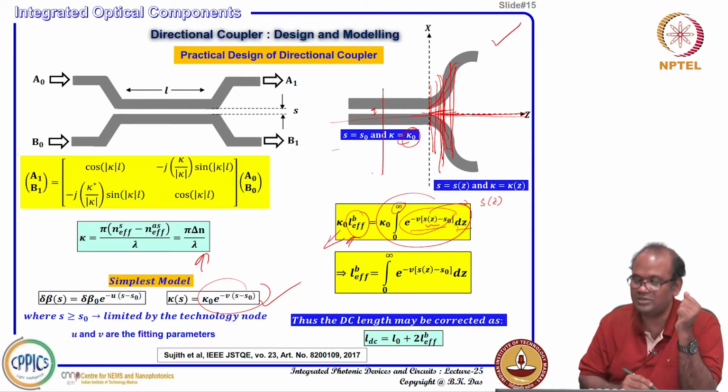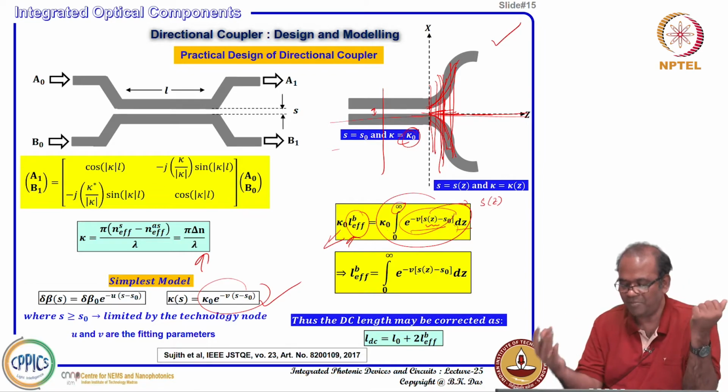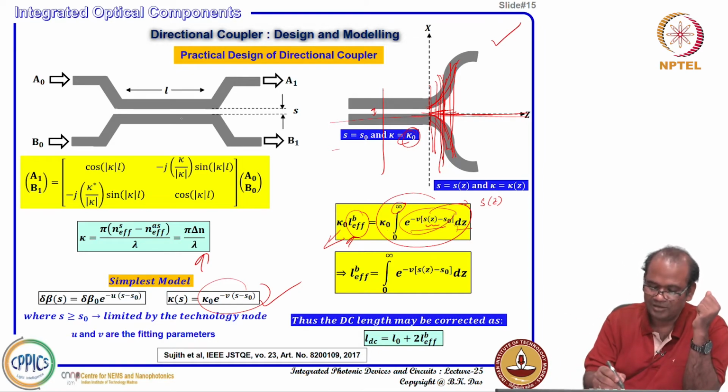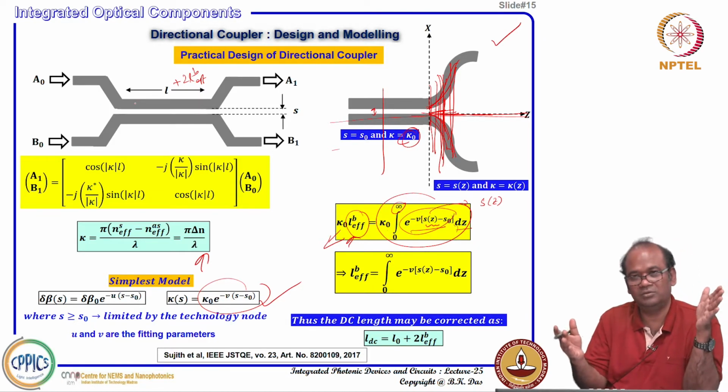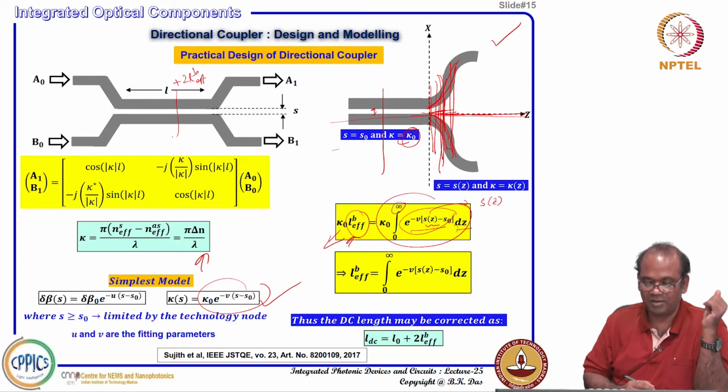What is the kappa naught in the parallel section? Practically I have to design like this, but mathematically I can say that this L is now modified into L plus 2 L effective B. That will be the total directional coupler length, the effective length, and whatever kappa naught I am considering will be kappa naught.